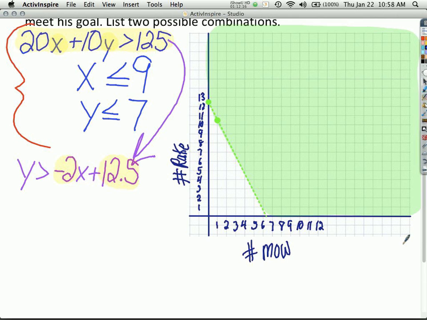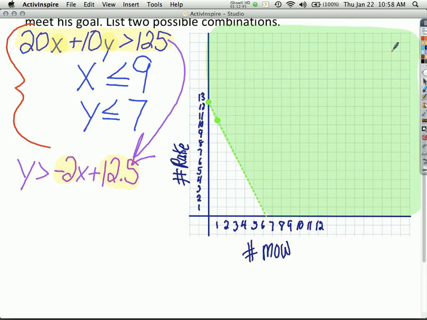So this shaded area, this giant shaded area, we can now actually interpret just that. Every combination in this area will earn Ed more than $125. Every combination, this combination, this combination, this combination out here, every single combination here will earn him more than $125.